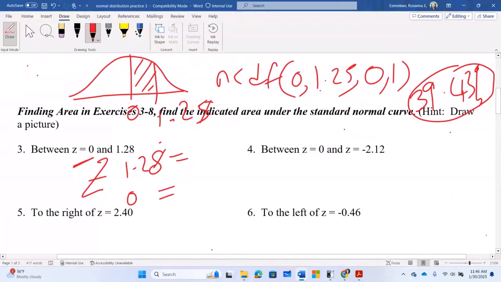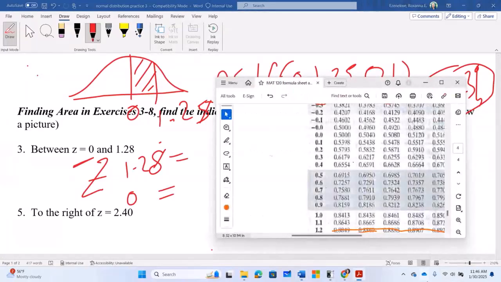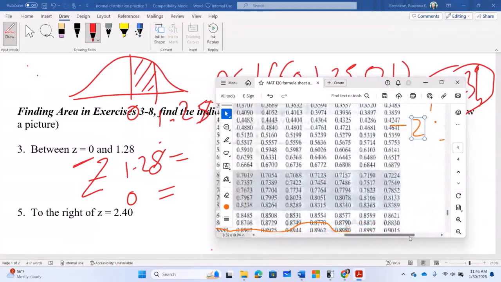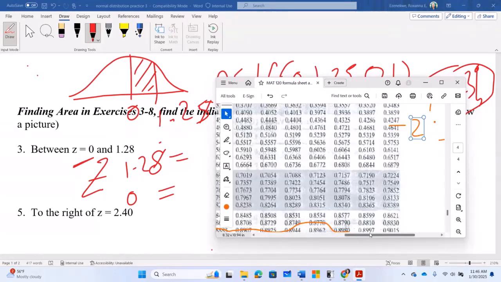So I'm going to get my chart and read 1.28. So now I'm looking for 1.28. This is 1.2 right here. So 1.28, by the way, let me start from the beginning. 1.20, 1.21, 1.22, 1.23, I have to go almost to the extreme. And so 1.28 is right here. Okay, so what is it?